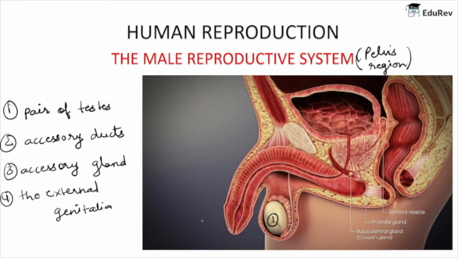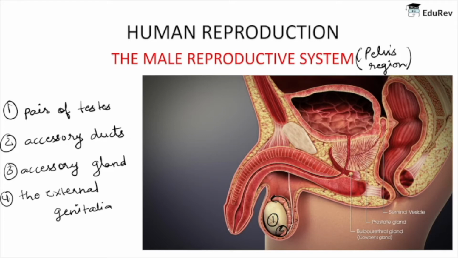They are not visible here in this image, but we will study them further in this topic. Just know that they are present inside the testes, where I have marked number 2, along with the structure where I am putting the arrow, which is also included in the accessory ducts.